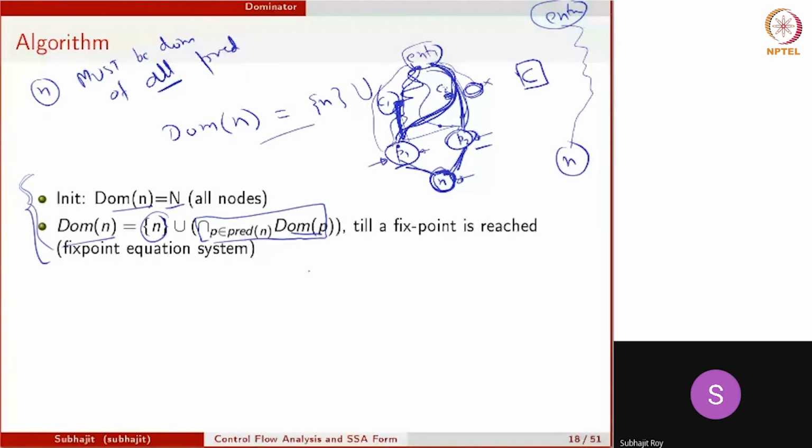So first thing is the necessary condition, right?